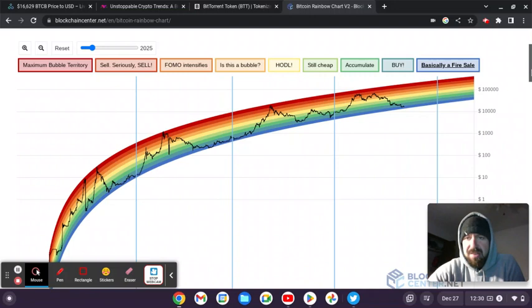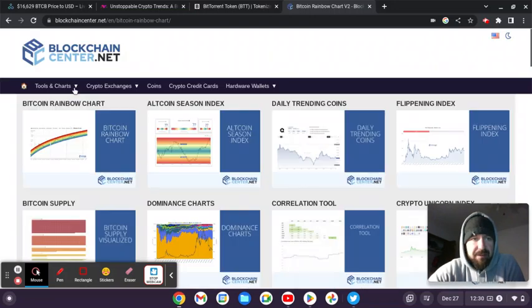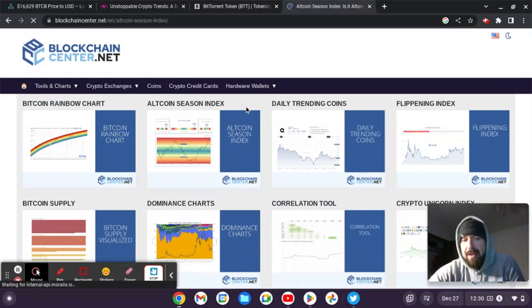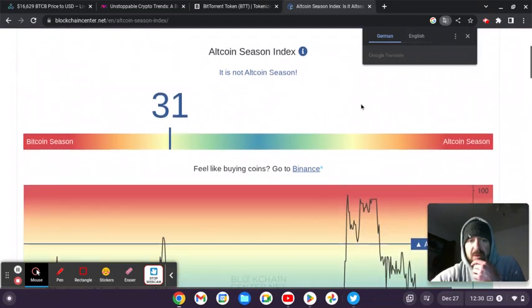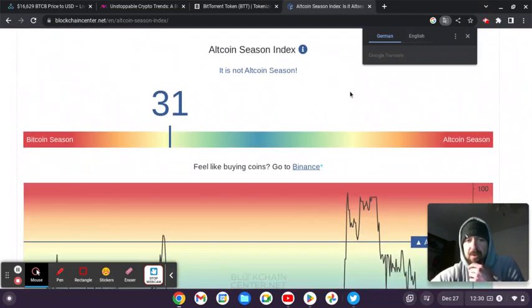Jump over here into the altcoin season index if y'all haven't ever checked that out. It's right here. It's just showing Bitcoin versus altcoins. Bitcoin's a little pricey for the majority of retail investors.